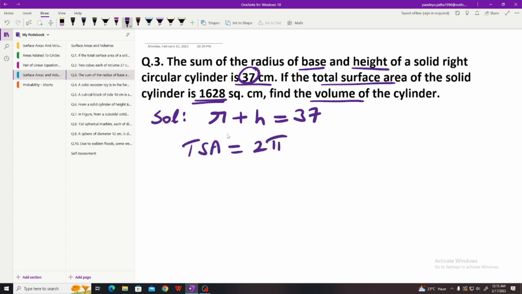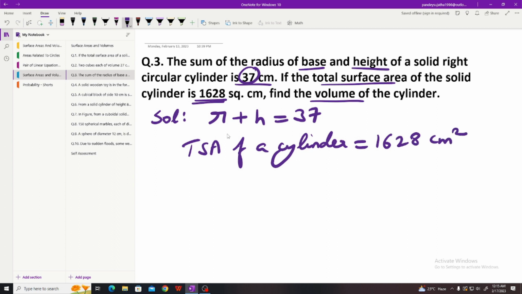We know the formula. Total surface area of cylinder is 2 pi r into r plus h, which is equal to 1628.